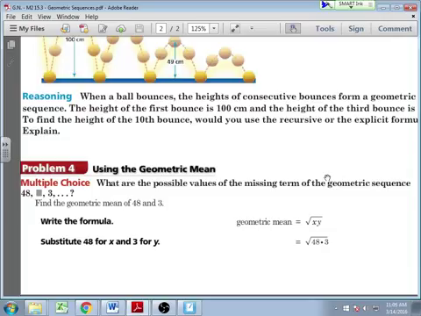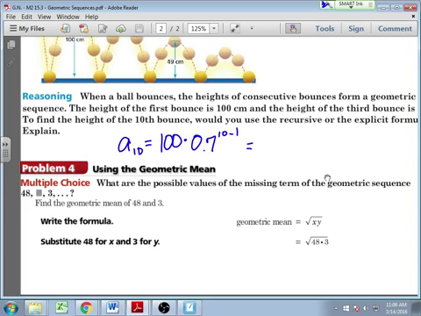Let's see what happens. So real quick up here, if we do my a sub 10, if I use my explicit, that will be 100 times 0.7 to the 10 minus 1, 0.7 to the 9th.